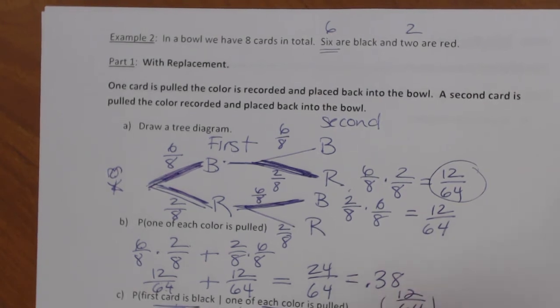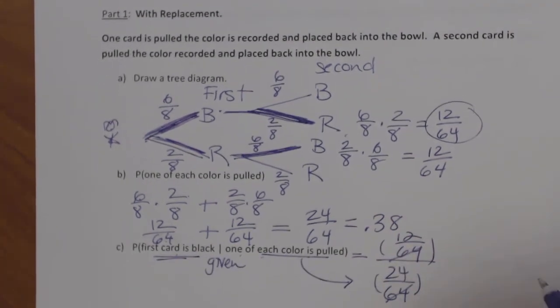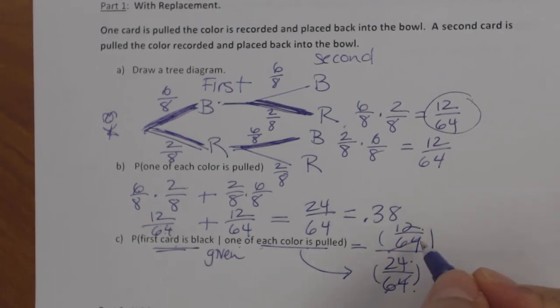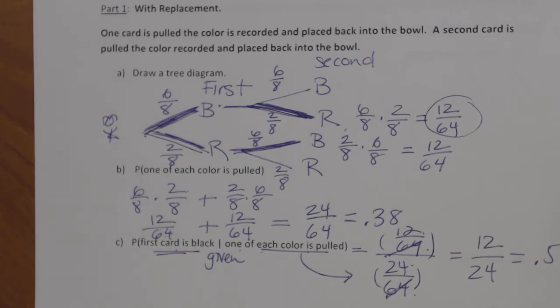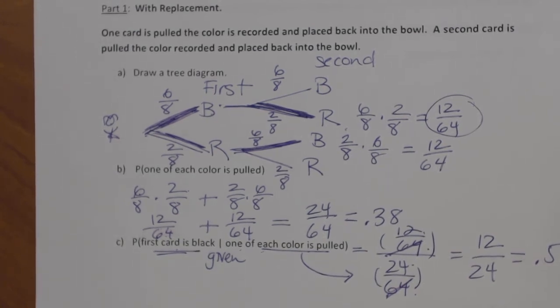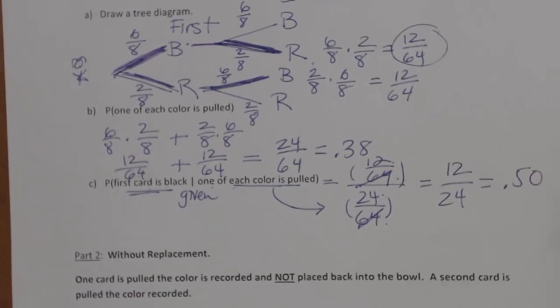You can either do the decimals, however, the denominators, 12 out of 64, 24 out of 64, the denominators cancel out. This leaves us 12 over 24, which is 0.50, which is kind of cool because it's a 50% chance. Okay. Let's go to the next one.